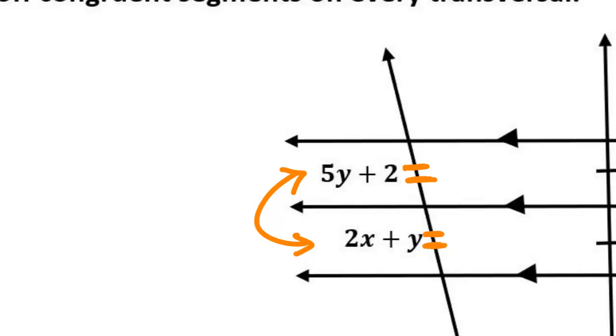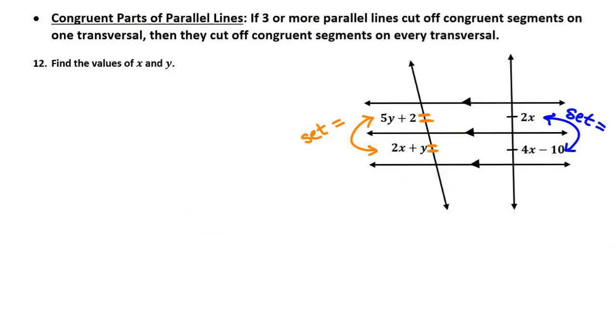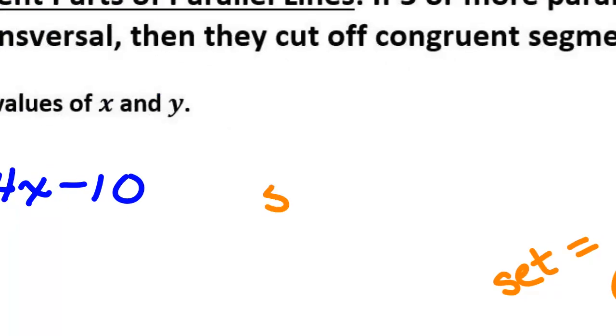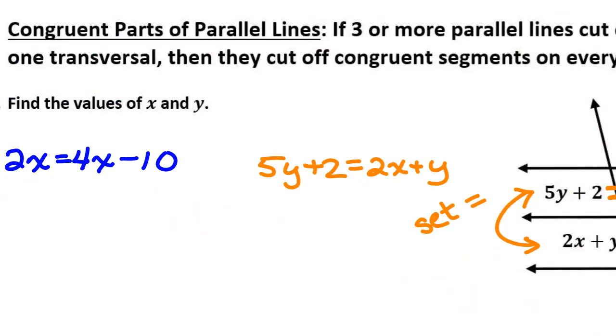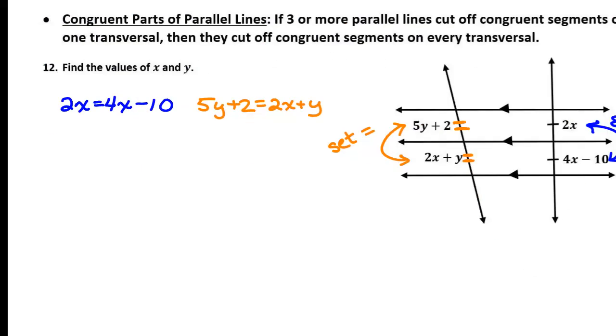If the other side is congruent, this side is congruent. So we will set these equal. So I would have 2x equals 4x minus 10. And I would have 5y plus 2 equals 2x plus y. I would have to find x first before I could do the orange equation.